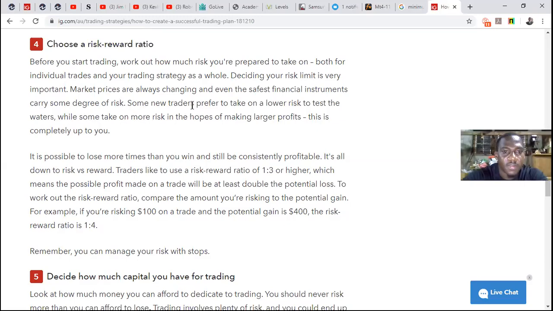Some new traders prefer to take on lower risks to test the waters, while some take on more risks in hopes of making larger profits. This is completely up to you, right? So some people may be able to top up the trading account if they blow it.